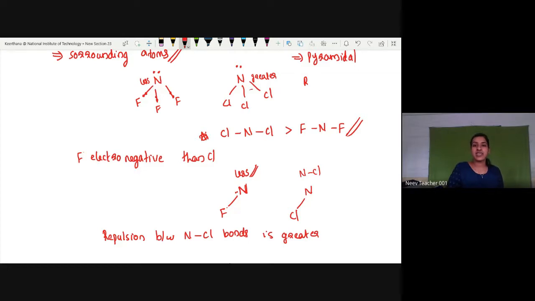Since the repulsion is greater, they will try to arrange at maximum distance, so they will increase their bond angle. So the Cl-N-Cl bond angle is greater than the F-N-F bond angle.